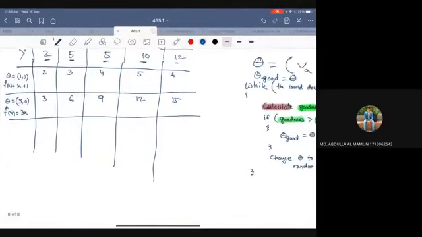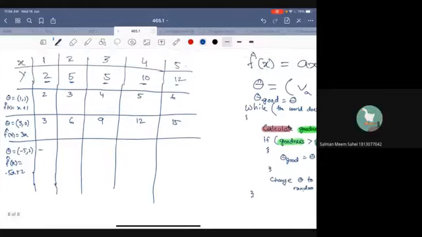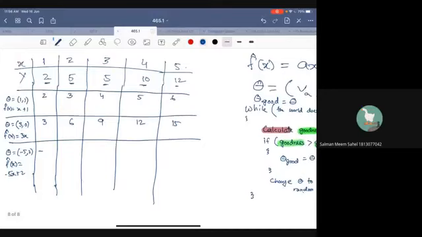What happens if I take my estimated value of theta to be minus 5, 2? Minus 5x plus 2. Yes, beautiful. Now tell me the values. Minus 3. Then minus 1.